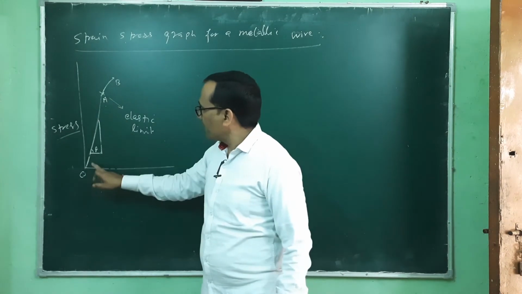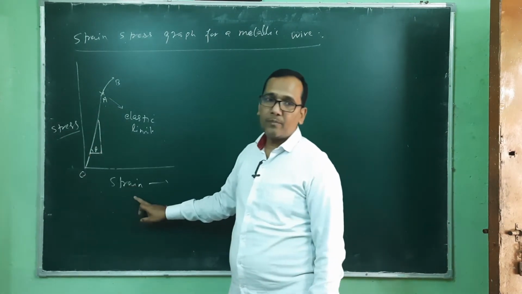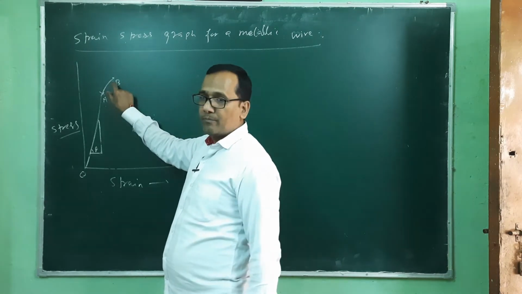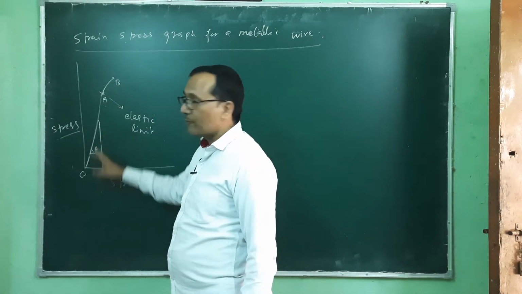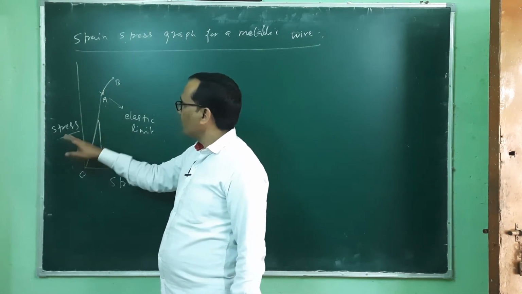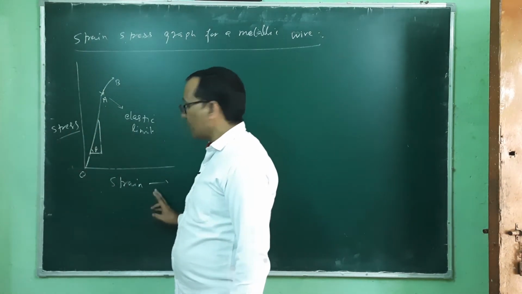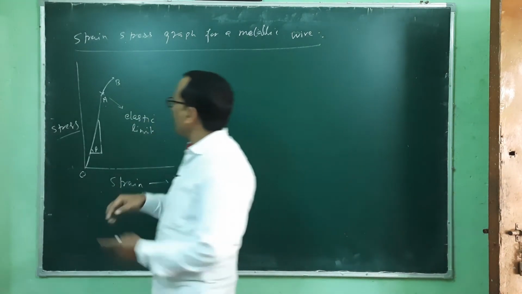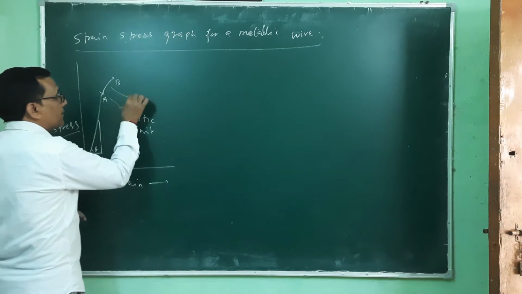Up to the first point both change proportionally, but after this point the change is not proportional. We apply a small force, stress is small, but strain is more compared to the stress. But still, the behavior is elastic.